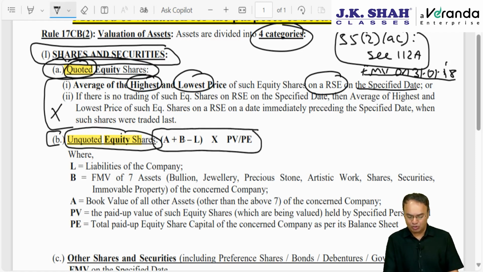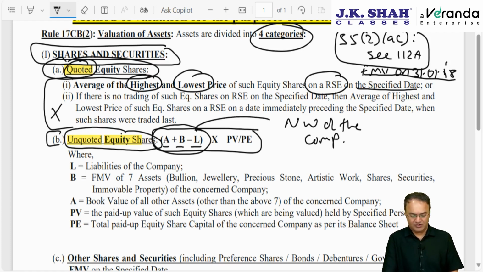A plus B, both of them are assets. A means assets, B means a different type of assets. L means liability, and assets minus liability would mean nothing but net worth. Whose net worth? Not of the trust, the net worth of the company in which they have invested, multiplied by PV divided by PE.